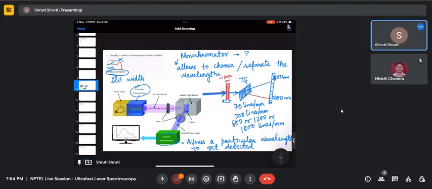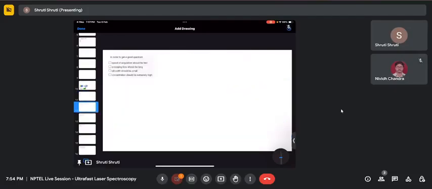No, I think it's just the physical thing. It has nothing to do with delta lambda, because that also comes into the same order. I'm not exactly sure. I will clarify this in the next session. Yeah, that will be better.